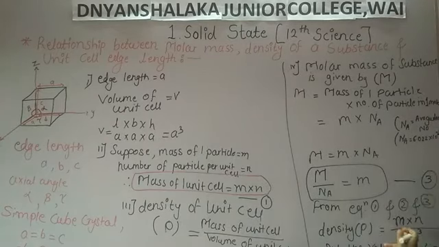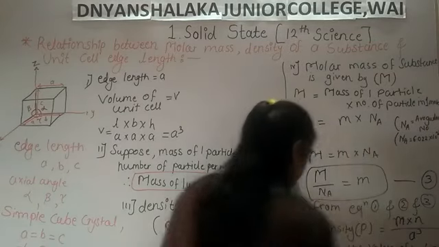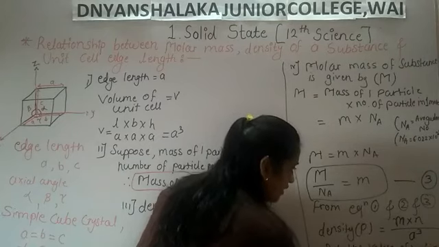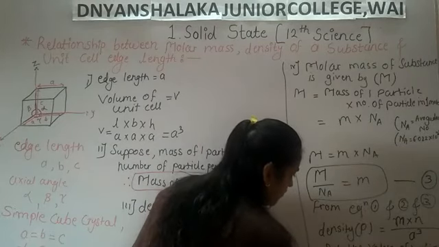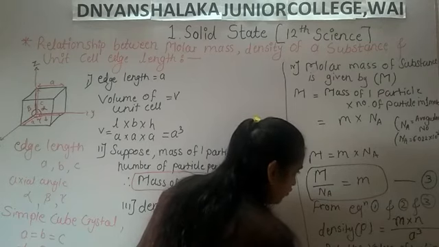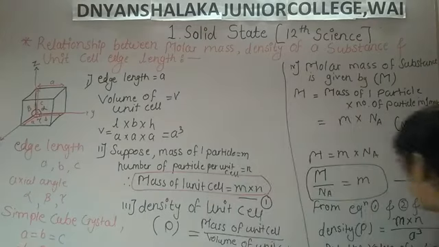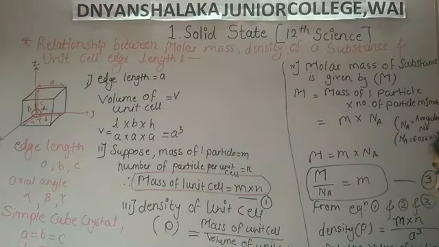So we get a new formula: rho which is equal to M upon Na into n divided by a cube.